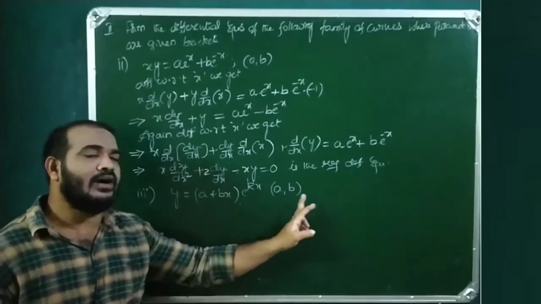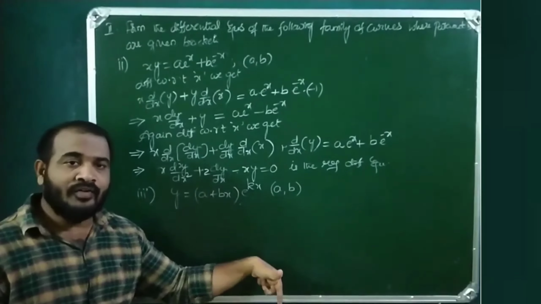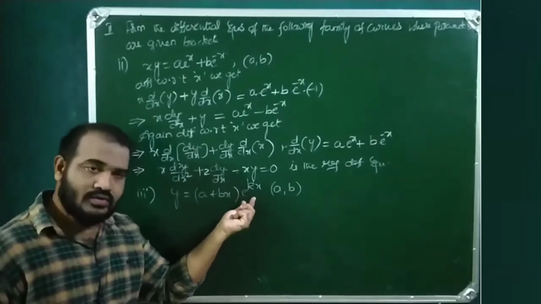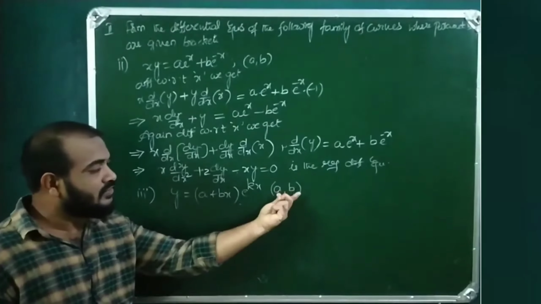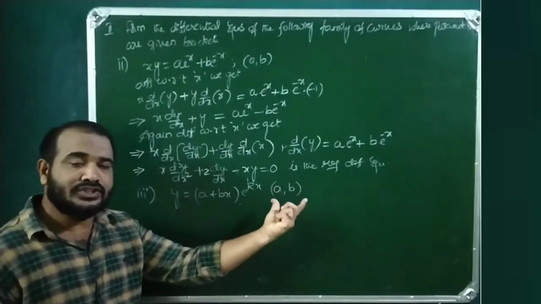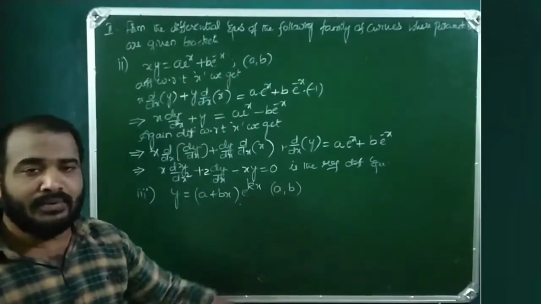He just mentioned a, b only. Therefore, in the answer, we will get k also. So the answer will be free from the arbitrary constants a, b, which are mentioned in the question itself. In the brackets, a, b is given.